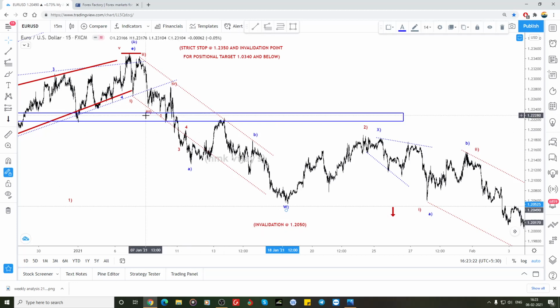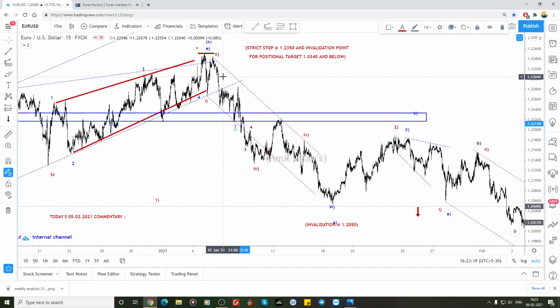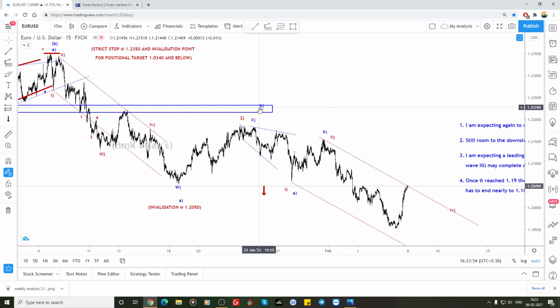Or either, if this is also valid, this could be a third, so this could be a fourth as per my previous one. This could be a 1 and 2, 3, 4, 5. So whether the A ended here, or B is here and C, or this whole thing becomes A and here it's the B.